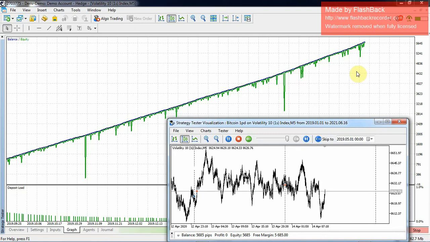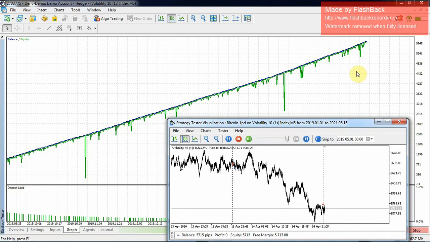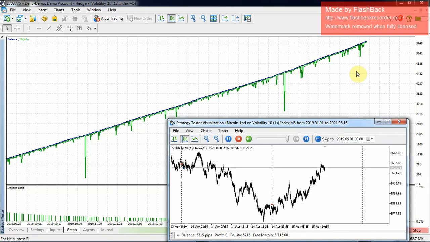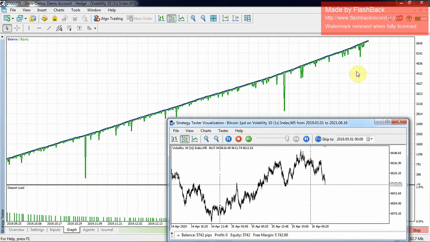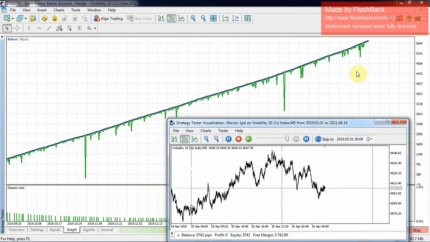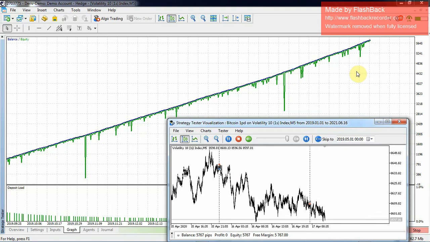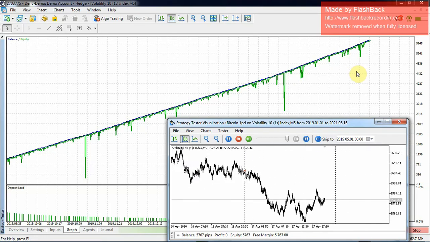But on the majority of the days, the trades will be instant. But then we cannot afford to use a huge lot size. So let's check the trades.